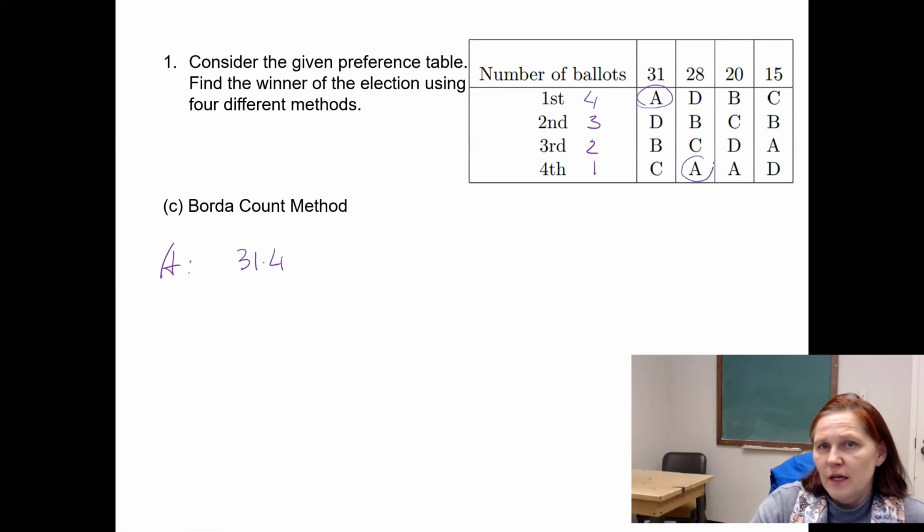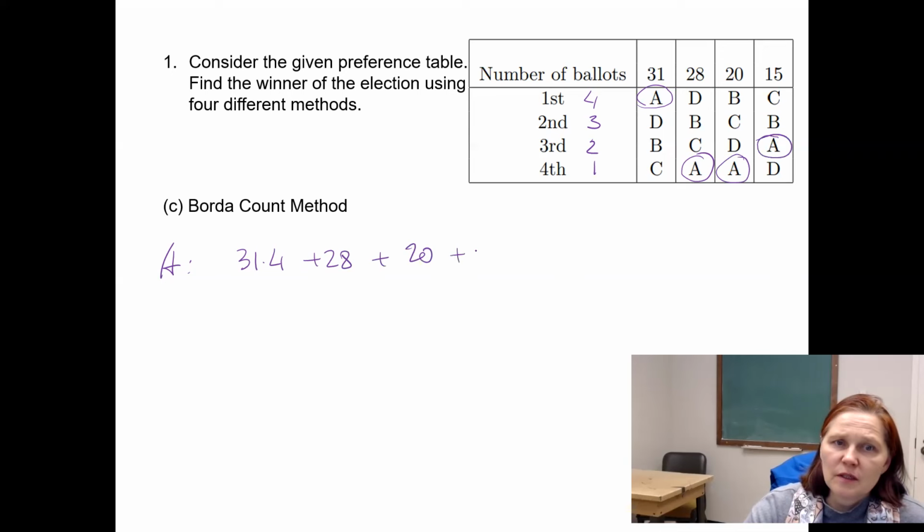Then A has 28 last places, 28 times 1, another 20 last places, and 15 third places, 15 times 2.